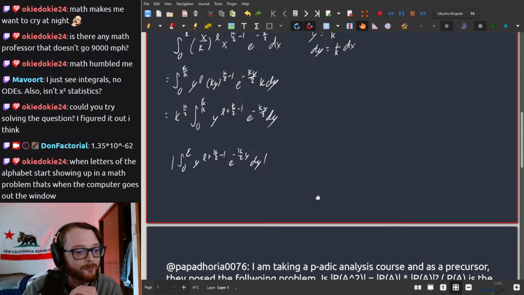What is it when the alphabet starts showing up in a math problem? That's when the computer goes out the window. That's fair. That is where math takes a turn.